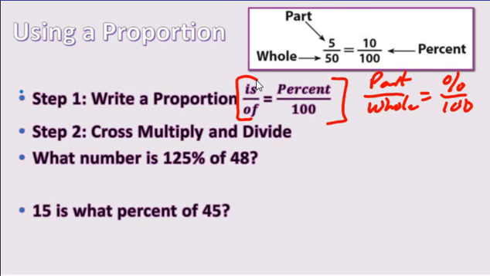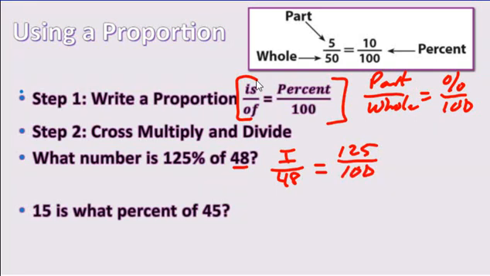So it says what number is 125% of 48. If I use the is, we're trying to find the is. The of is 48. The percent is 125, and that's over 100 because we're dealing with a percent.